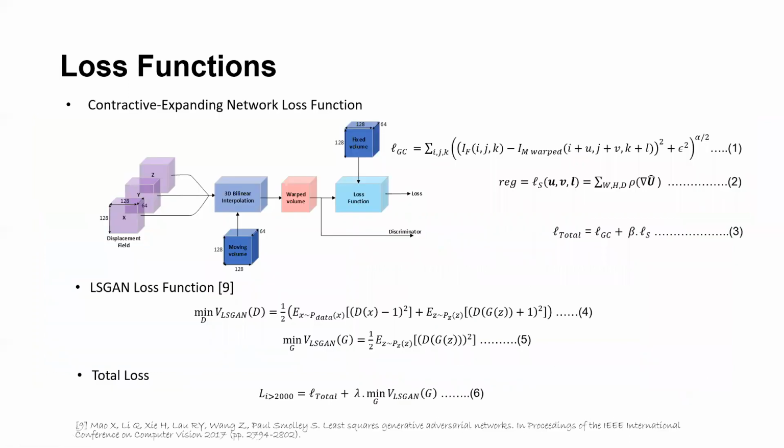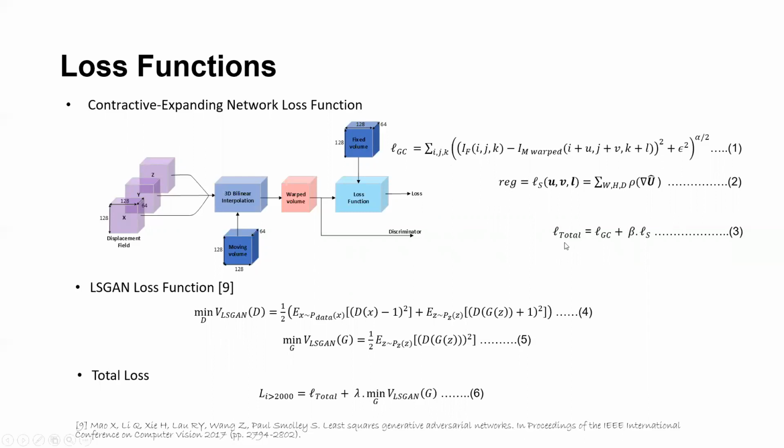The loss function that we use consists of 2 sets. The first set is related to the generator, and the second set is related to the LSGAN loss functions. For the generator, we use the generalized Charbonnier loss function for fidelity estimation, and we calculate the gradient of the motion field or displacement field to calculate the smoothness of the field.